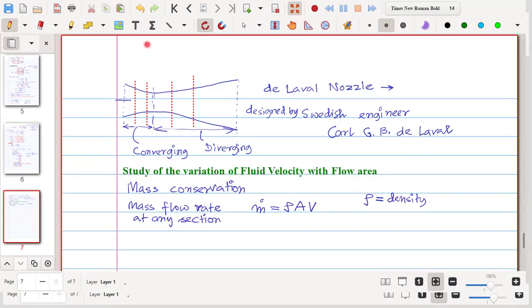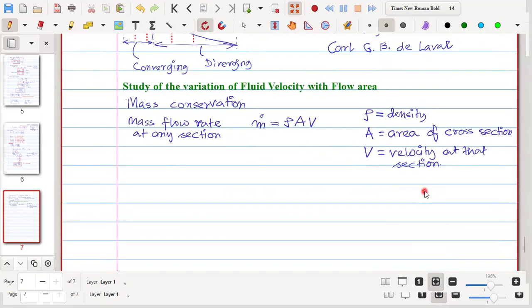And density, area of cross section, and velocity at that cross section. That is the common mass flow rate equation or mass flow rate expression.